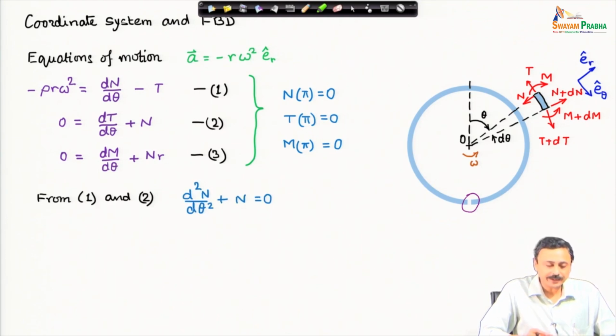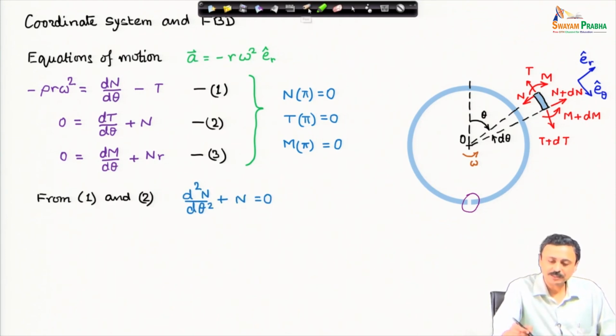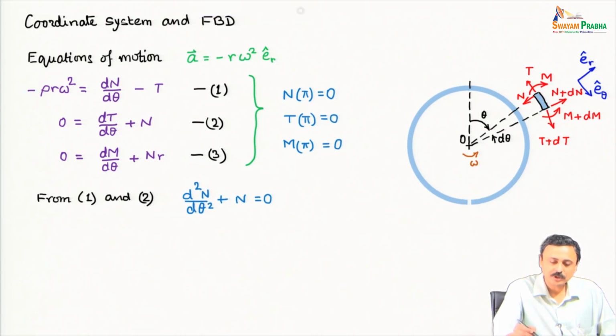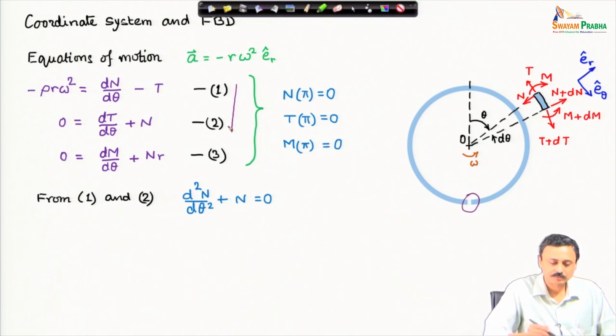I start integrating, but I first simplify using these two equations 1 and 2. I eliminate T, and I get an equation for dN/dθ.